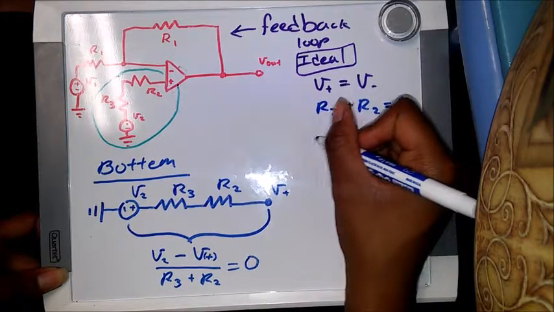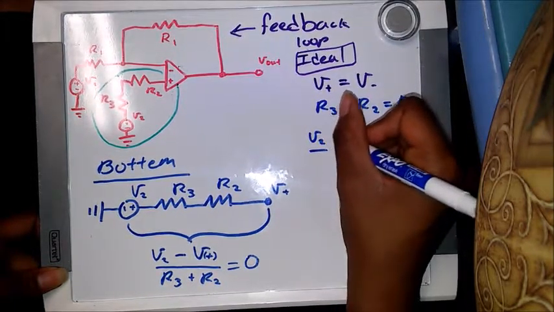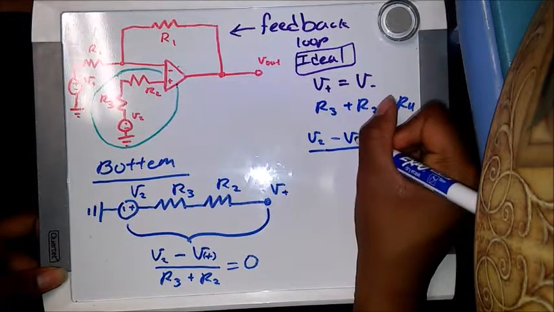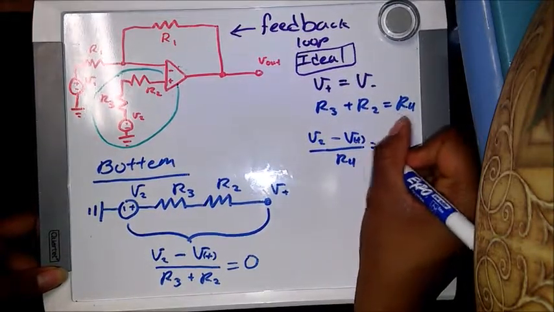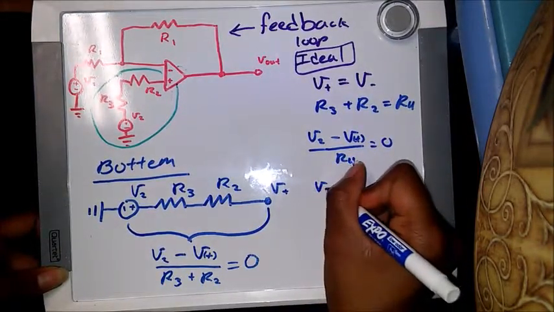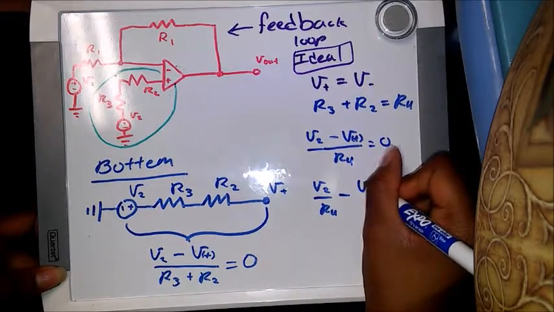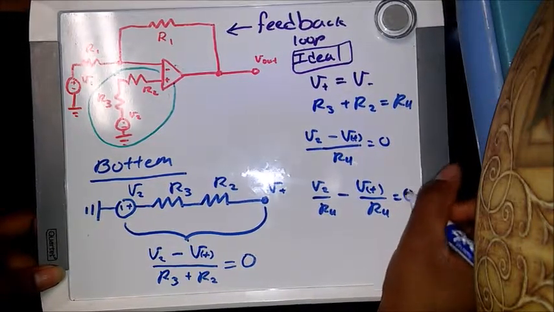So I'm going to have V2 over R4 minus V plus over R4 equals 0.